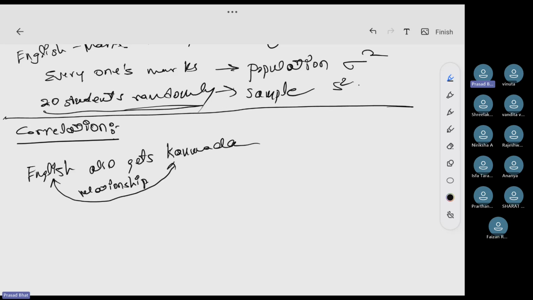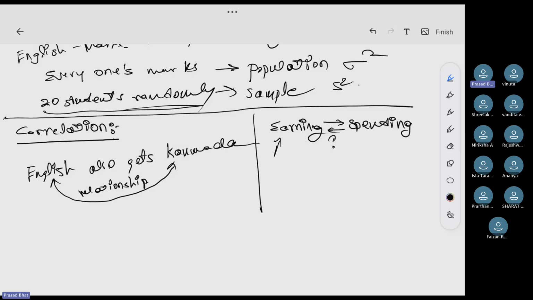Or say, for example, if I want to find out some relationship between a person's earning and spending, are they related? How much are they related? If a person is earning more, does it say that he also spends more? All these kinds of questions.